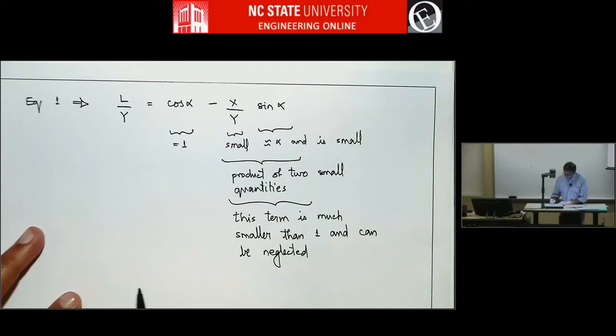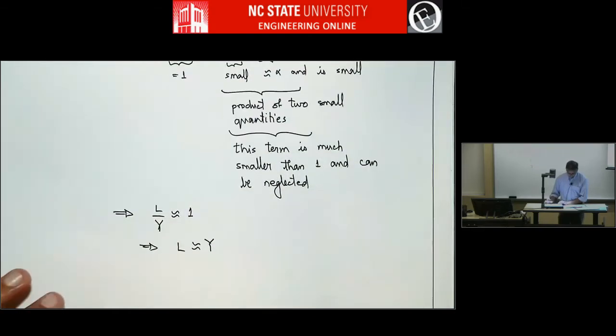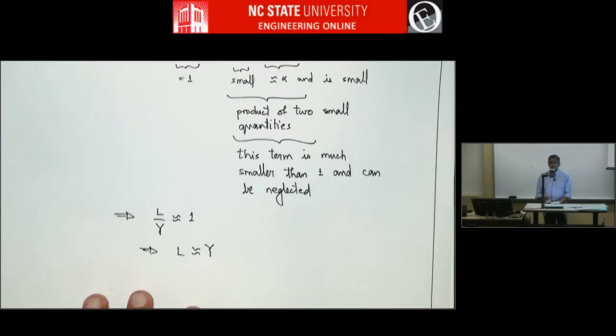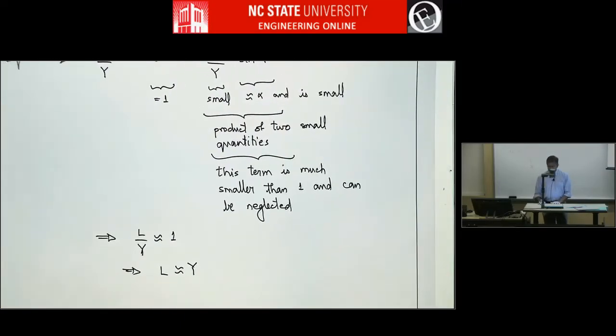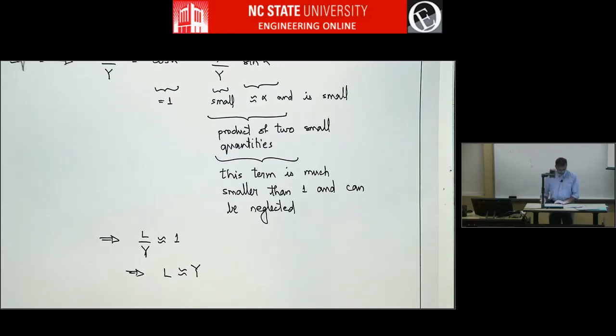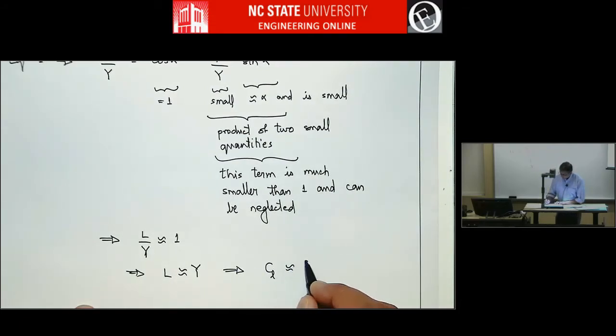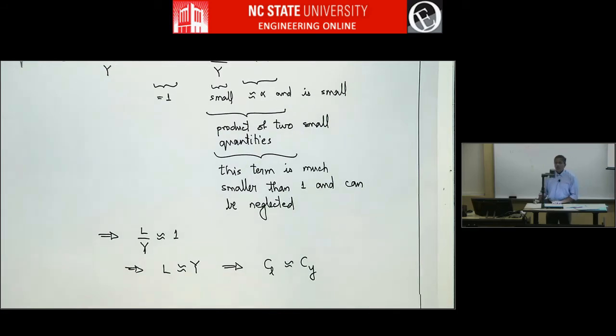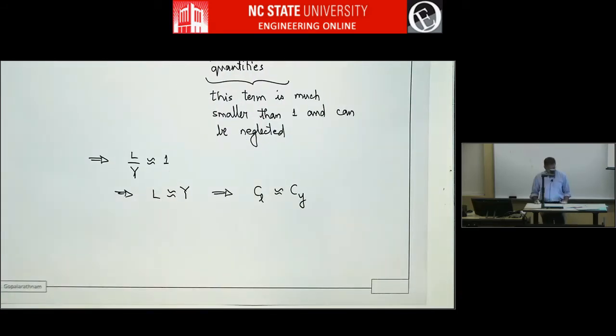So what we get now is L over y is approximately 1, which means lift is approximately equal to y. And this is true for most normal flight conditions. You can call the lift coefficient approximately equal to the vertical force or normal force coefficient Cy.